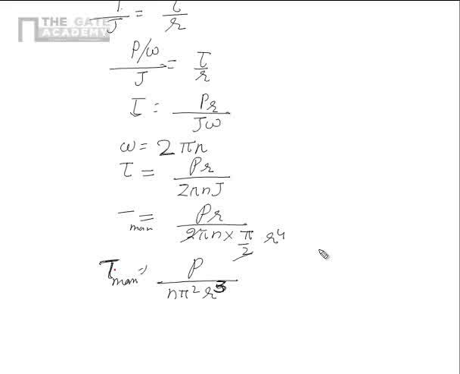Now this is a very nice formula to remember. It's easy in one sense that the power of n is 1, the power of pi is 2, and the power of r is 3. So it's like P upon n pi square r cube. But what we need to remember is that we should not mix up between n and pi and r. You should not make it like pi n square r cube or r pi square n cube.